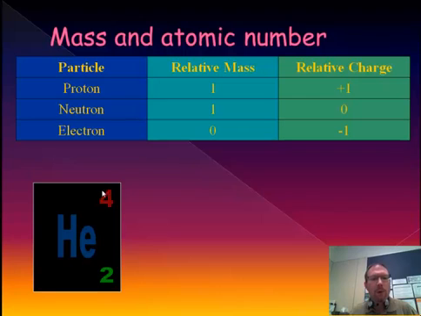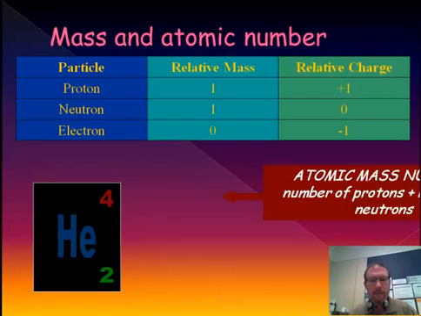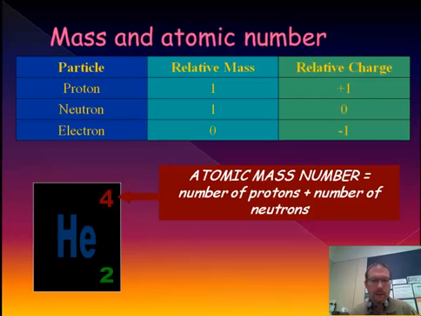So if it's got 4 particles in its nucleus, 2 of those are protons, then how many neutrons would that have? Okay, time's up. So you take 4 minus 2, and that tells you that the other 2 particles have to be neutrons.